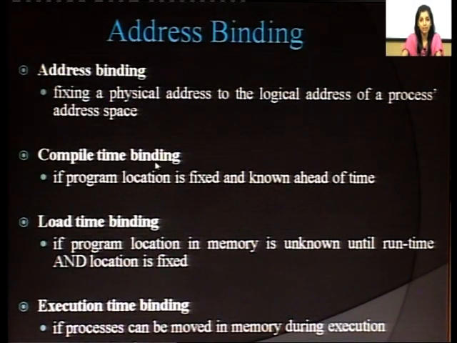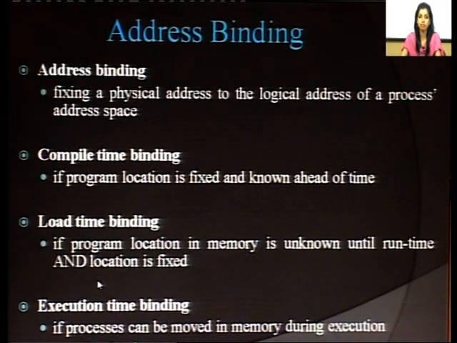Compile time binding means that when we compile a program, the program links its values to memory. If the program location is fixed and known ahead of time, that means before execution we know the exact position of the program in memory, and how many bytes it will occupy. Second is load time binding.